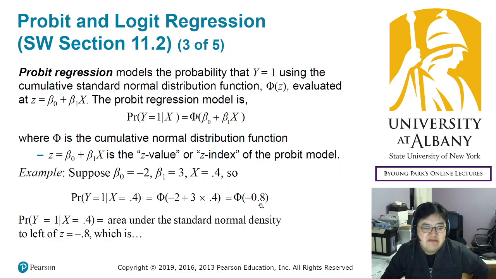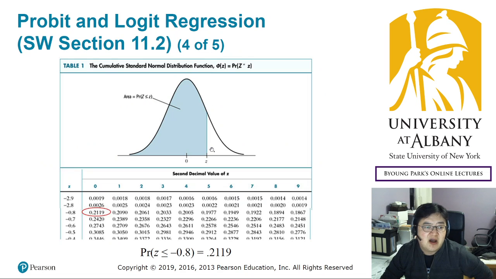Then given this score, your denial probability is determined by this normal distribution. Remember, we are using the standard normal distribution. So if your score is -0.8, the probability below -0.8 is about 21.2%. So your denial probability is this much given your score.